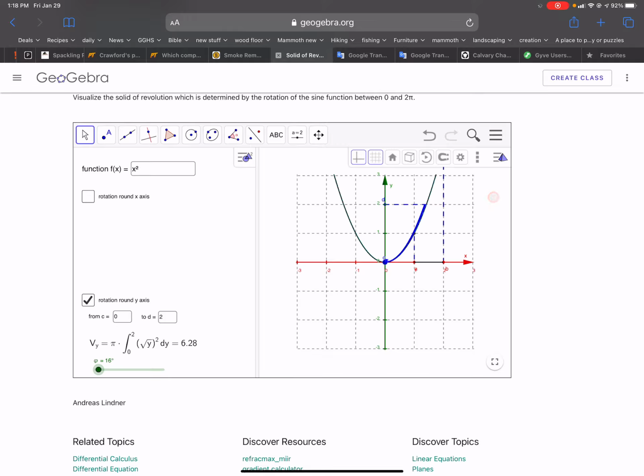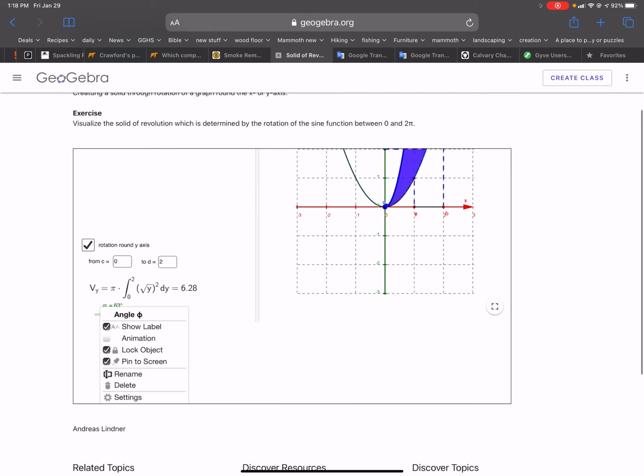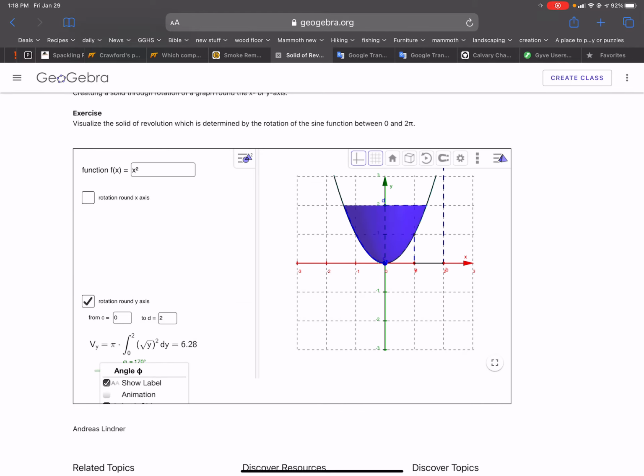As I rotate it, whoa, that's weird. I don't know why it does that. Yeah, it goes that way. So that's what we're doing. You should see we're producing disks that go this way.